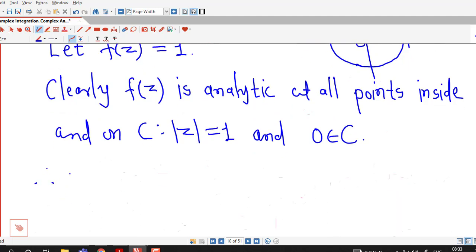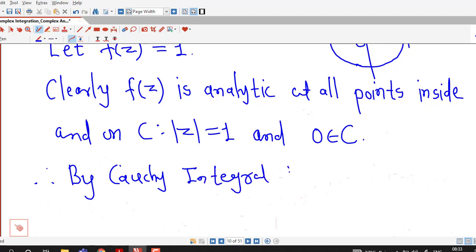Therefore, by Cauchy integral formula, we are using the extended version, but we will write that this is by Cauchy integral formula.